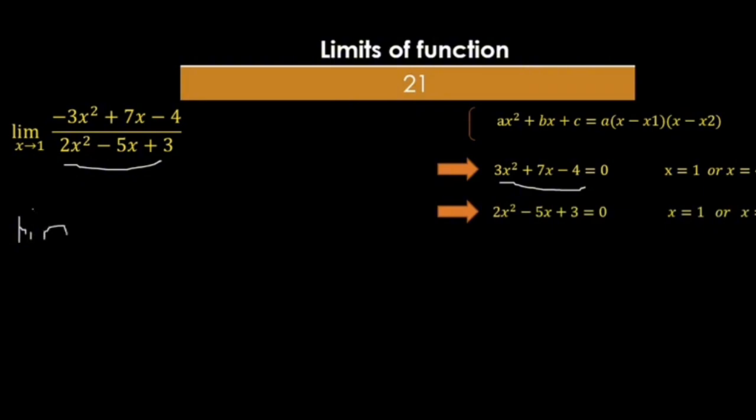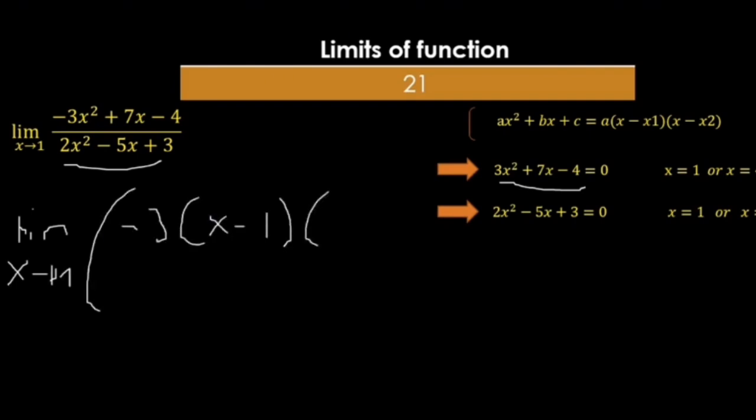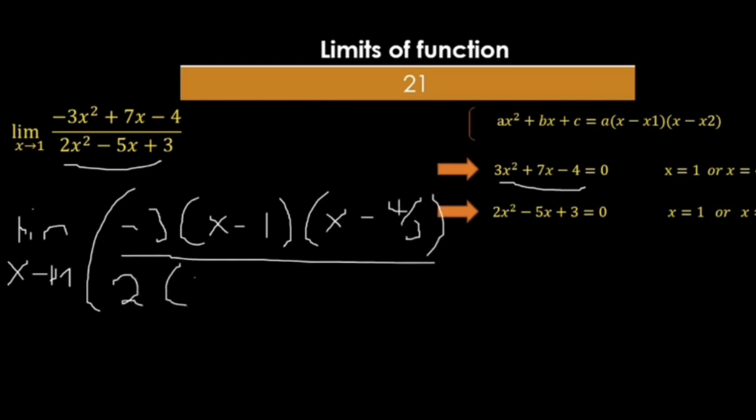This limit as x tends to 1 of minus 3 into x minus 1 and x minus 4 on 3, all that all over 2 into x minus 1 and x minus 3 on 2. Okay, x tends to 1, minus 3 and that. This and this will cancel out.